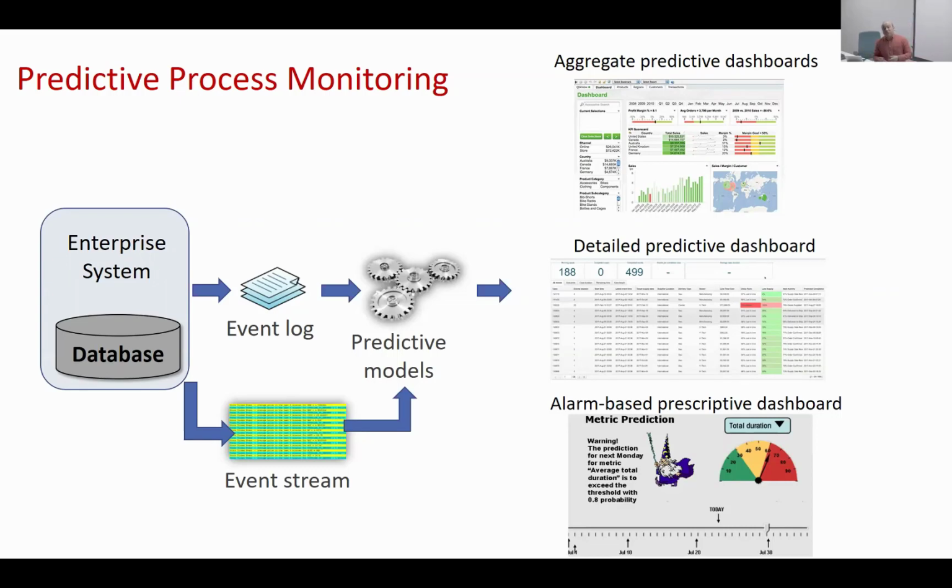You can display these predictions in a number of different ways: in a detailed manner, case by case, for each case what will happen in the future, or you can build aggregate dashboards from it.